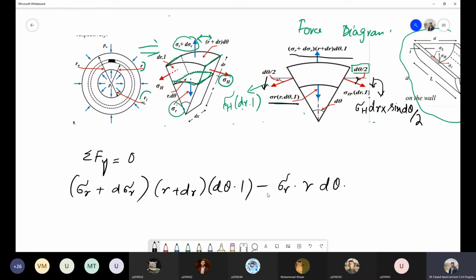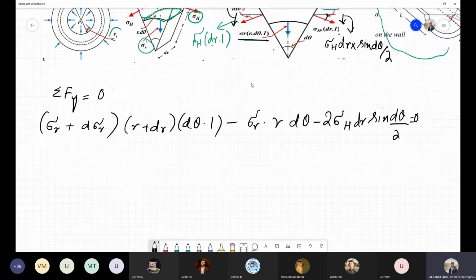And in the same way, the y component of this sigma h will also be sigma h dr sine d theta by 2. And if I put this into this equation, these two are the same, so they will simply add up, and we will have 2 sigma h dr sine d theta by 2, that is equal to 0.